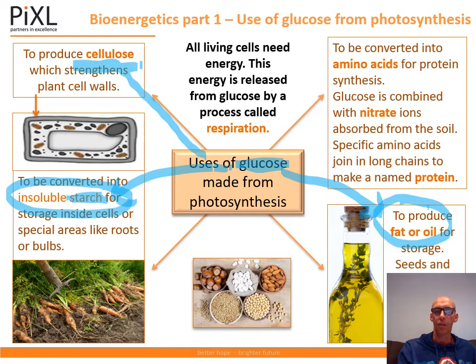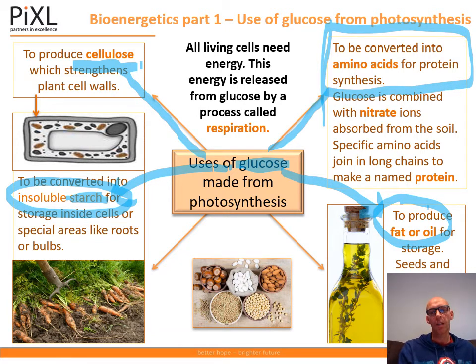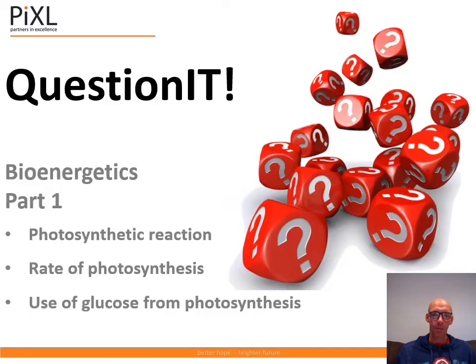And the fourth most important thing, I presume, the one you're most likely to be asked about, they can convert it into amino acids. So plants can actually turn the glucose they make into amino acids. Amino acids can be turned to protein, and protein is what you need for growth. The only thing with that is, and this is essential, the plants must get the nitrate ion from the soil. Without the nitrate ions, they can't make the amino acids.